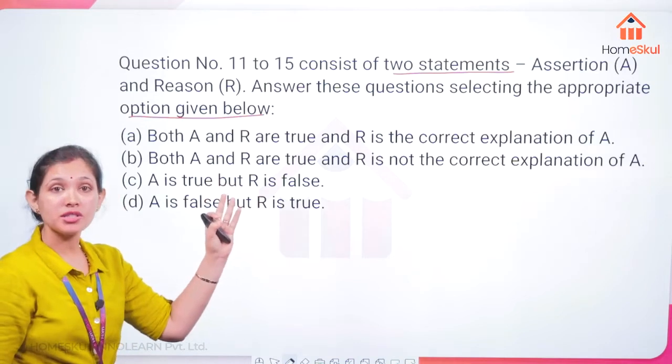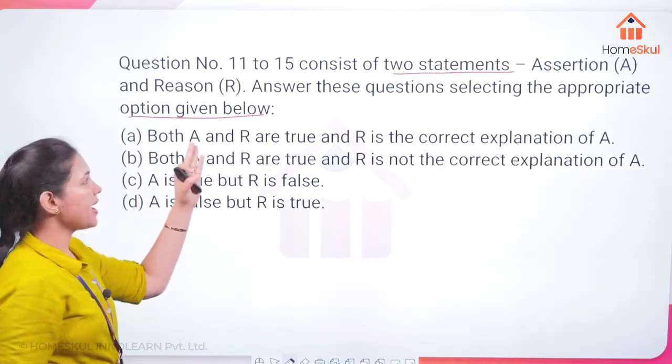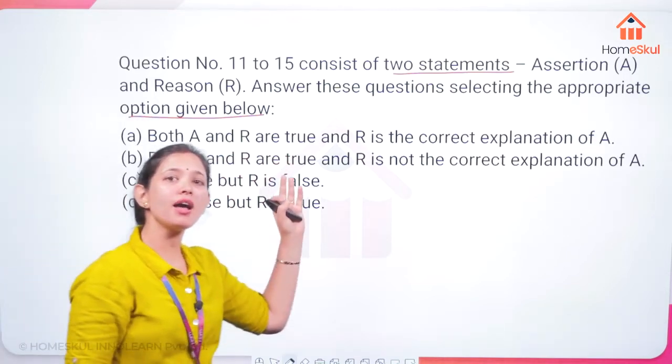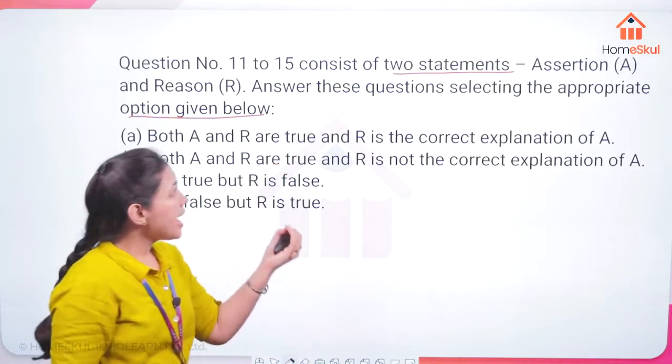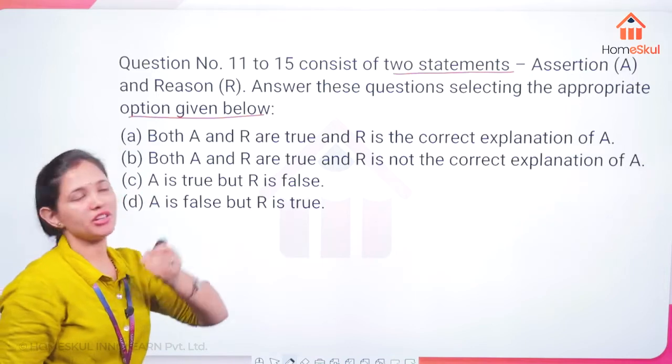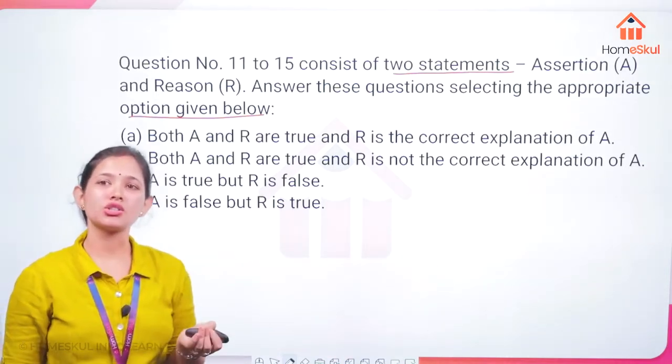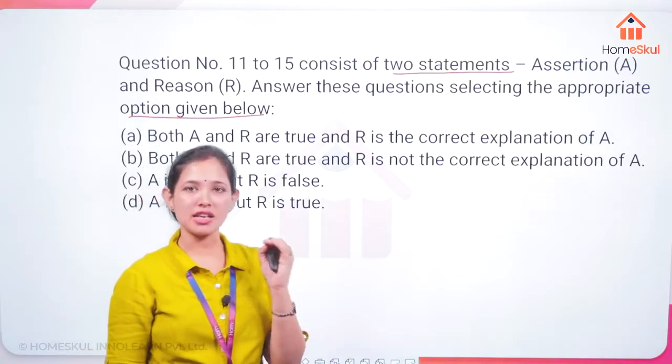What are all the options here? Just see. Both A and R are true, meaning both assertion and reason are true, and R is the correct explanation of A, meaning the reason given for the assertion is a correct explanation.